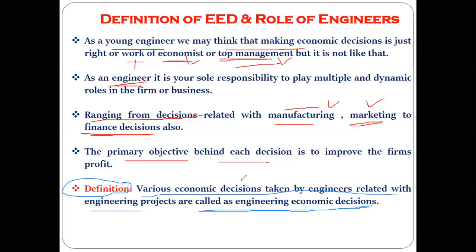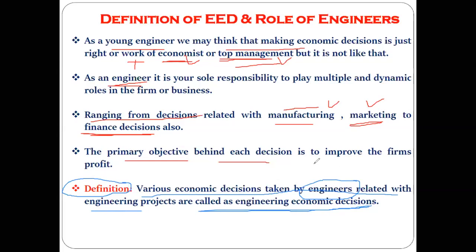From the discussion that we have done, whatever economic decision is taken by whom? Engineers. Now engineers might be working in the marketing department, or the manufacturing department. In case of our field, engineers might be working in the coding department, the testing department, the analysis department.